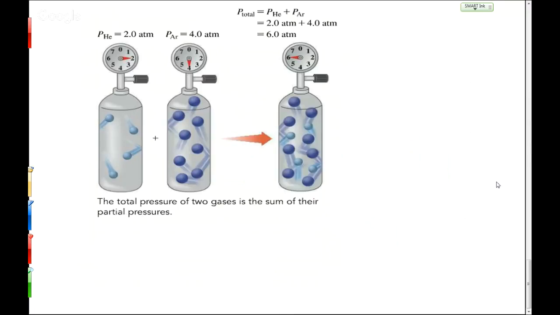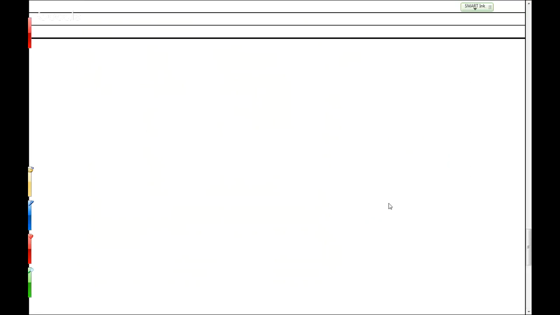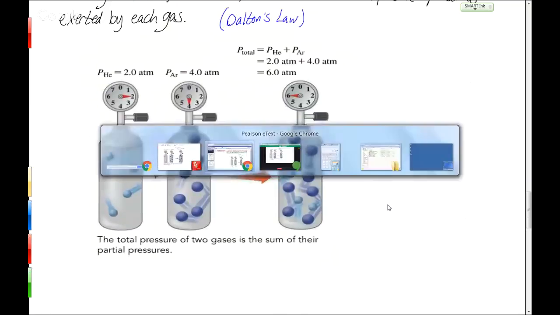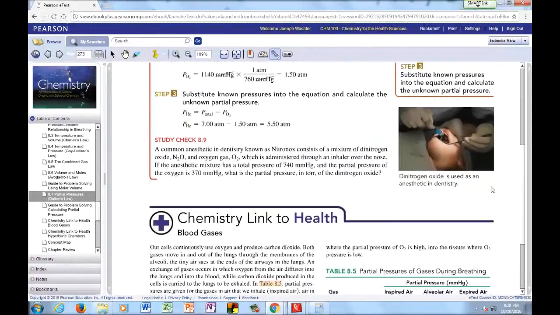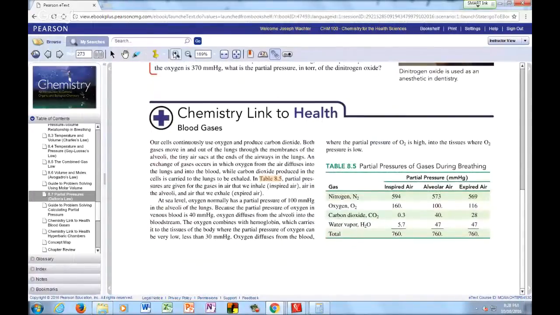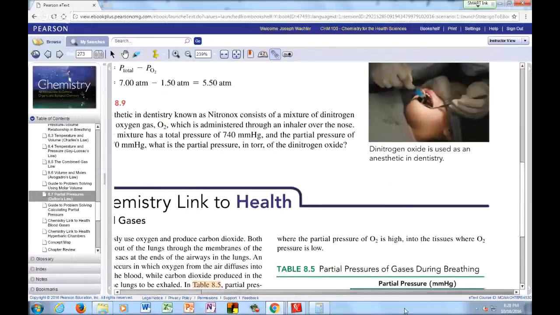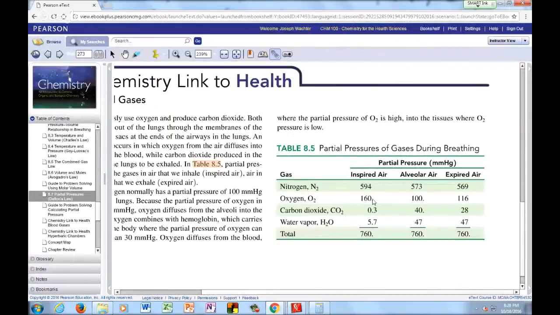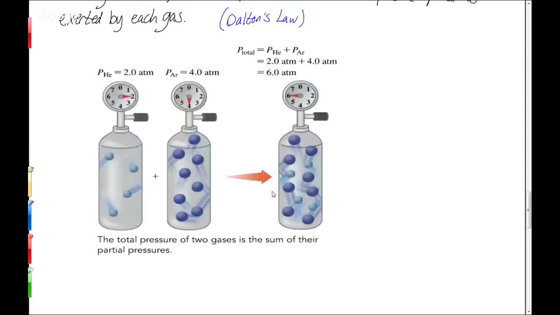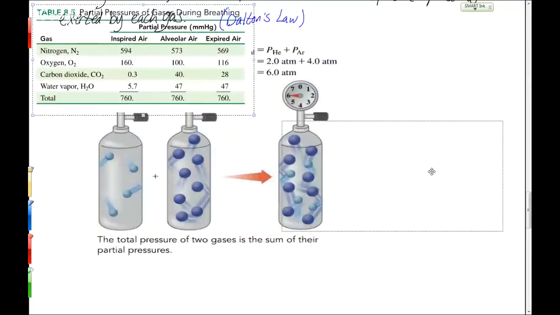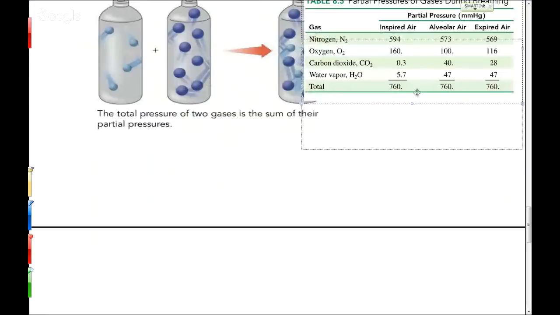The other thing you can do with partial pressures is analyze how much of each gas. So for example, when you look at air in your body, this is kind of a neat table. You can kind of see what your body does to gas.